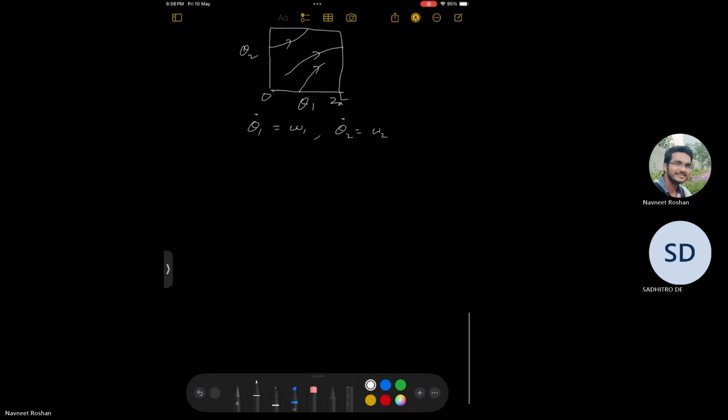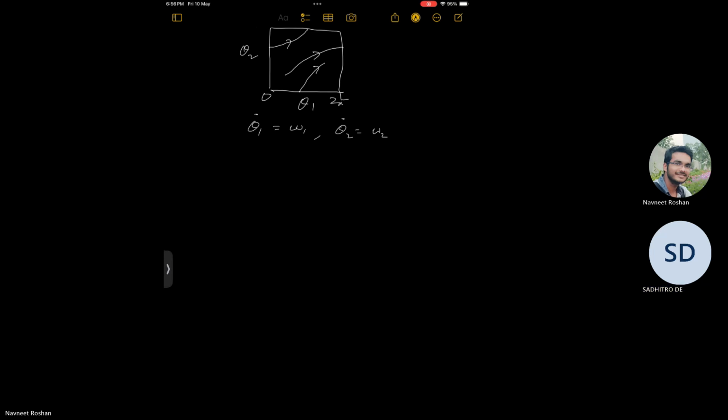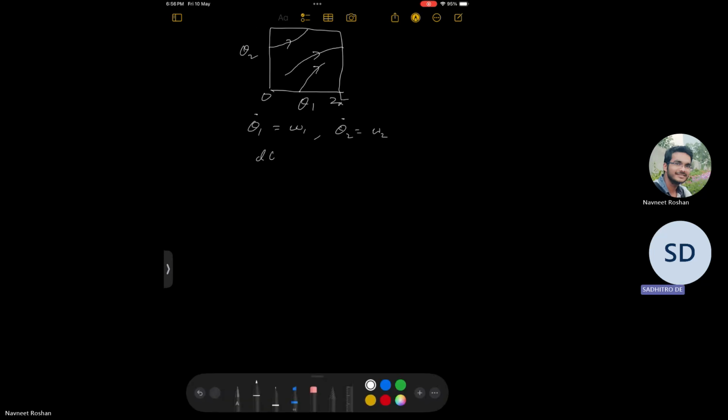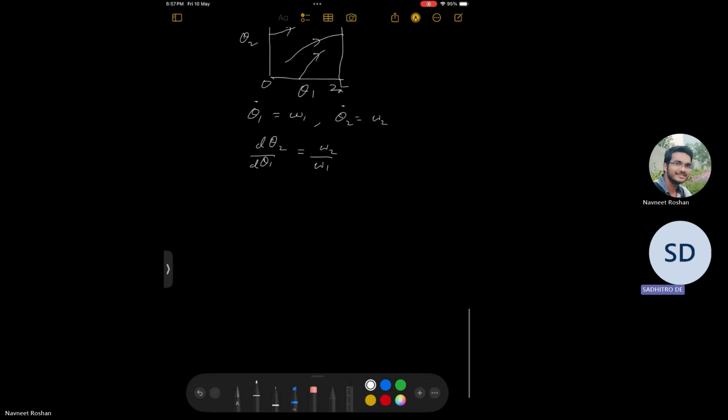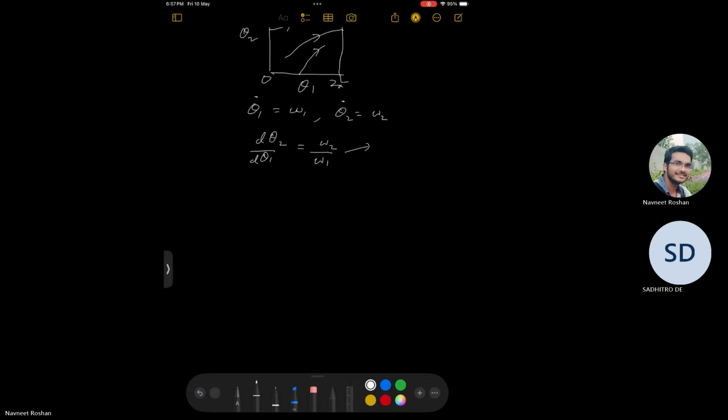Now the slope of a trajectory in the phase space of theta 1 and theta 2 will be given by omega 2 by omega 1. Now this can either be a rational number or an irrational number.